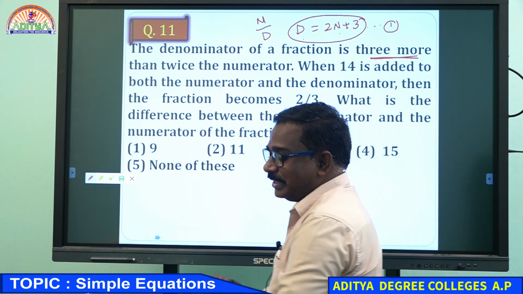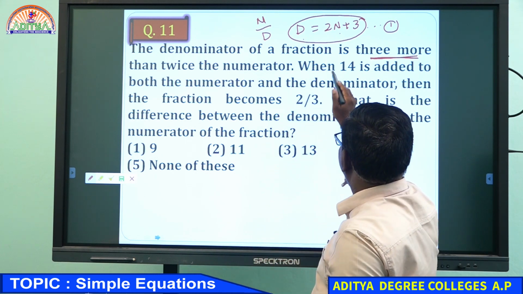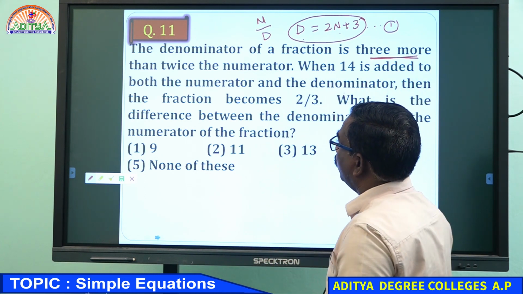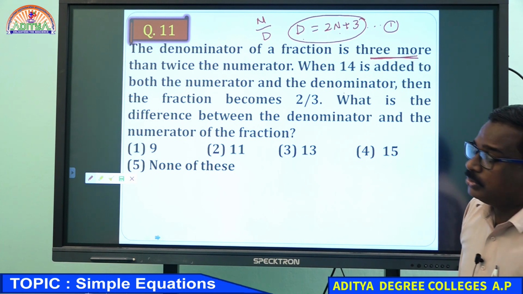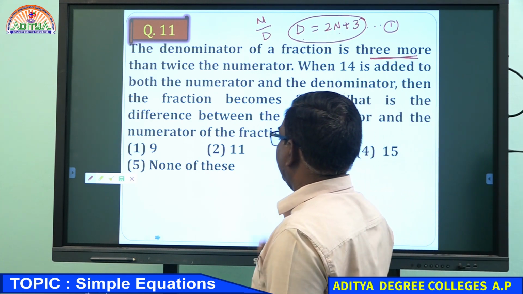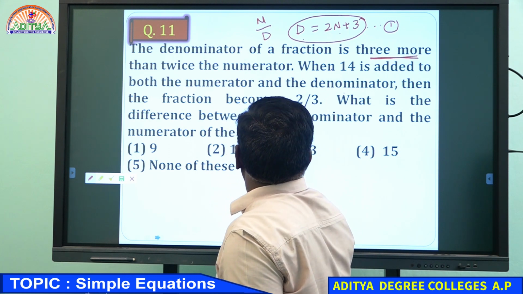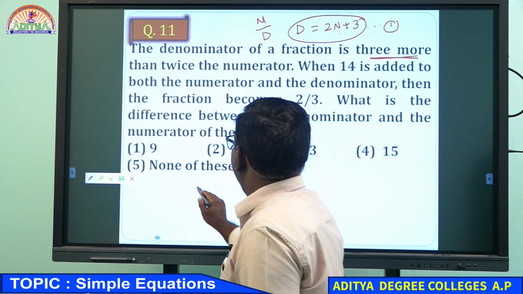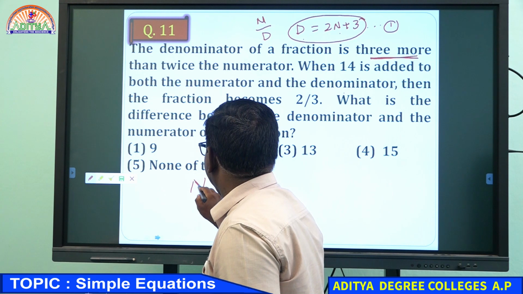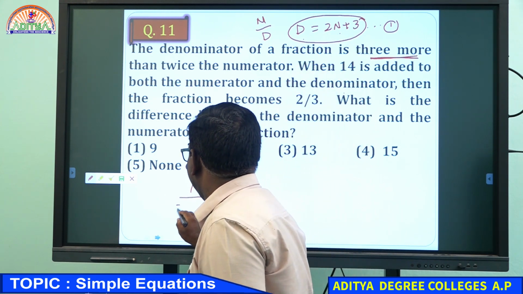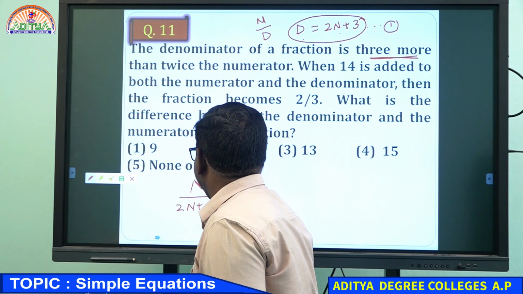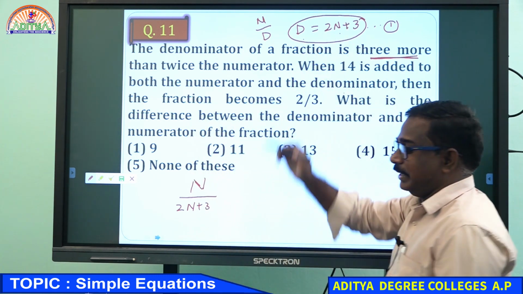Go for the next condition. What is the next condition? When 14 is added to both numerator and denominator. Now I am writing here numerator and denominator. Denominator is given as 2n plus 3.